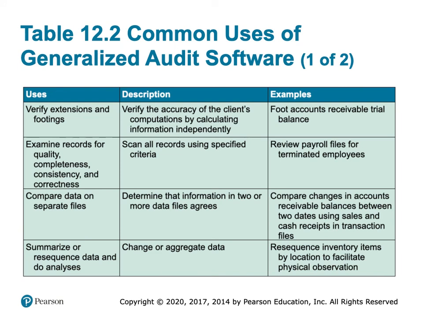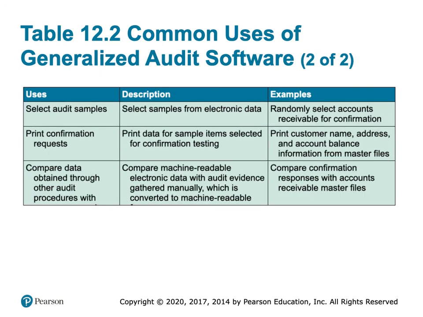So now, system tools will add up the accounts receivable trial balance. You can do tests to make sure that all employees are terminated, and compare access rights to a bunch of different systems to terminated employees to make sure that there aren't any terminated employees that still have access to systems that they should not. Okay, and then also the audit software can do your sample selections for you.